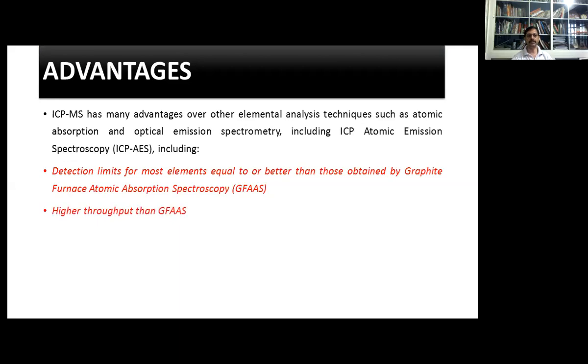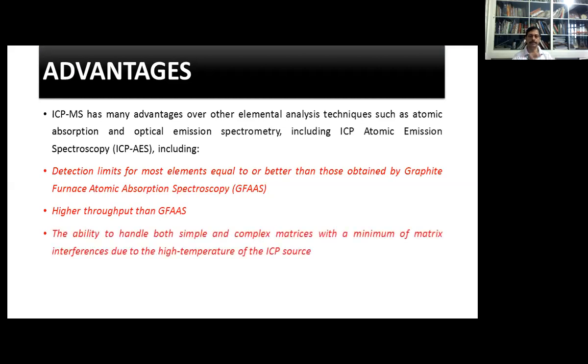Higher throughput than GFAAS. That means quickly more number of elements can be screened. Then the ability to handle both simple and complex matrices with a minimum of matrix interferences due to the high temperature of the ICP source.